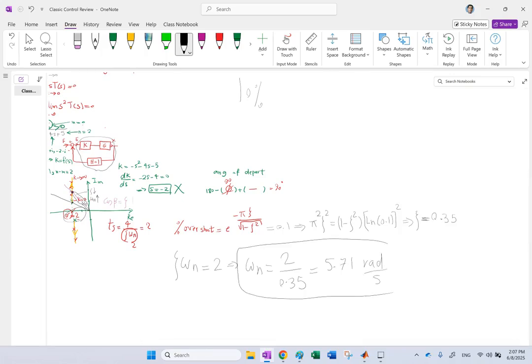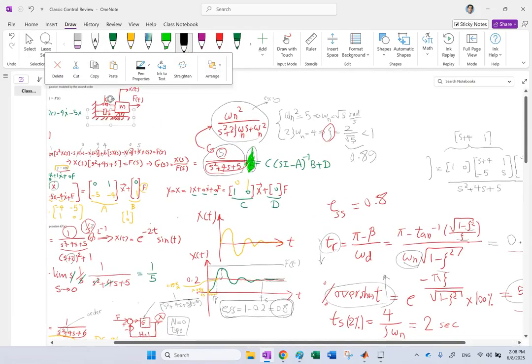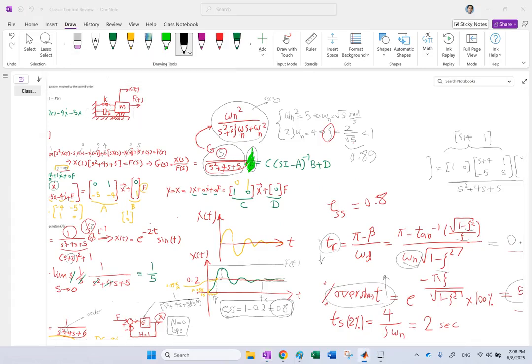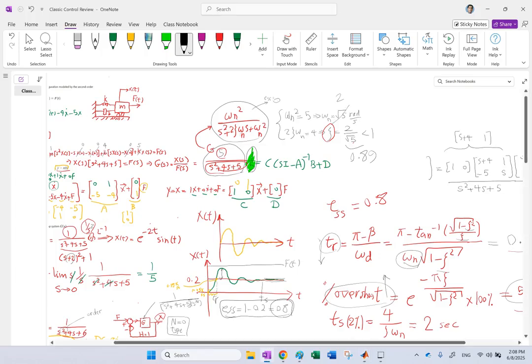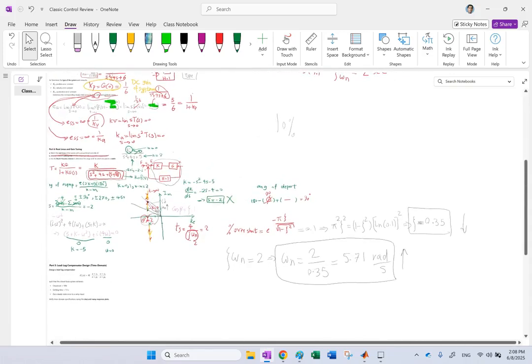You see, my omega n increased, my zeta went down. Remember my original omega n? It was just square root of 5 in the beginning, so it was 2.34. But now it is 5.71.